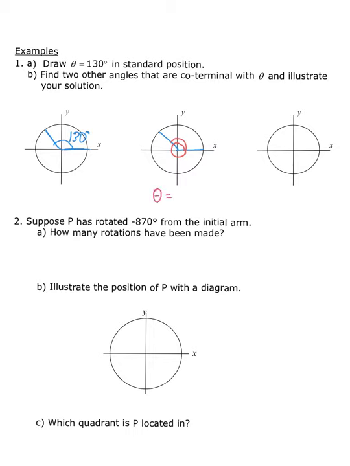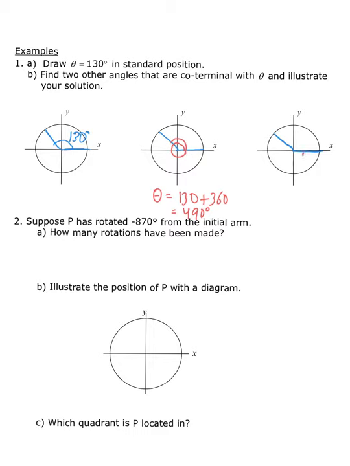So I am at 130 and I add 360, which is 490 degrees. For my next coterminal angle, you could add 360 degrees again, meaning you go around the circle twice and then that extra 130. Or let's do another one where we're going in the clockwise direction.